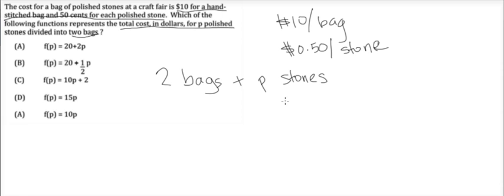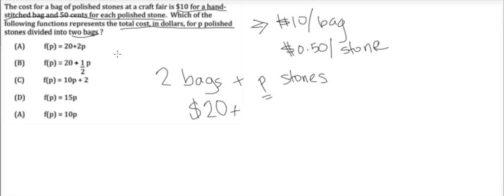So really there's only one unknown to this question. The unknown here is the P, because we know that having two bags at a cost of $10 per bag means that we're going to automatically have to spend $20 just on the bags alone. In addition to that $20, we're going to have to pay for the stones that are being divided into the two bags.